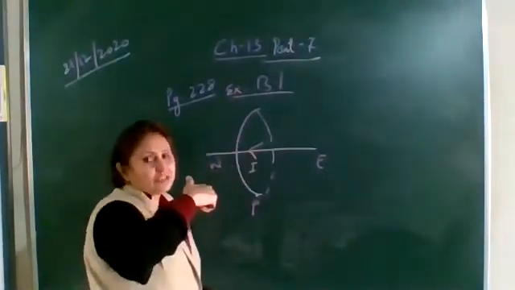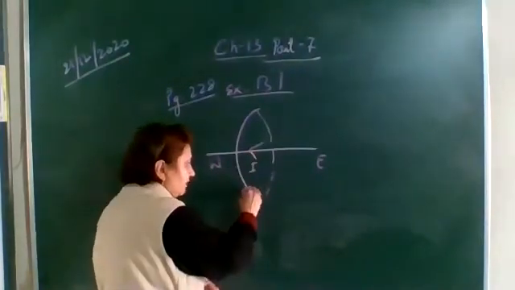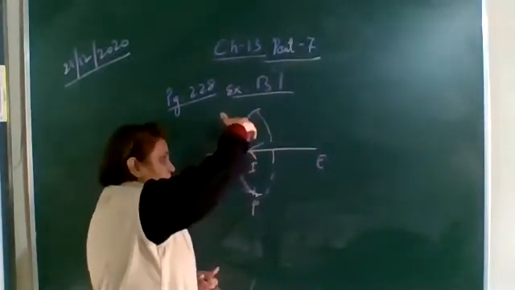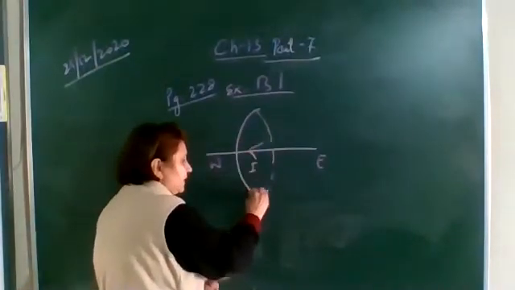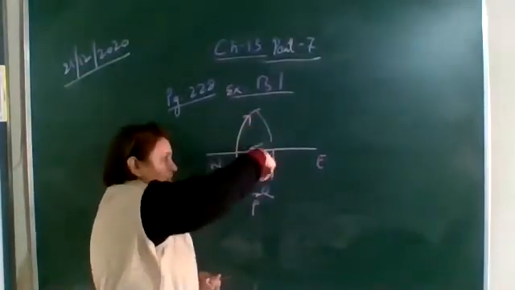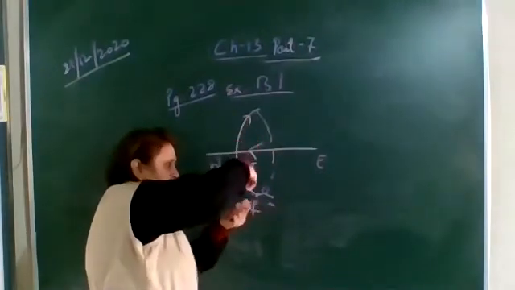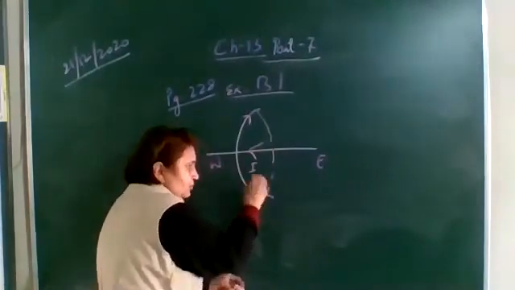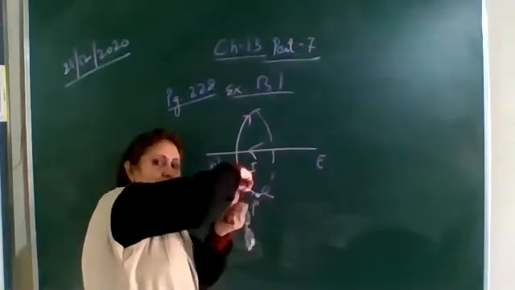Now draw the direction of the magnetic field line. Here, the direction of the magnetic field line will be passing like this. At this point, draw the tangent to this magnetic field line. You see that at this point the field lines are coming outwards.